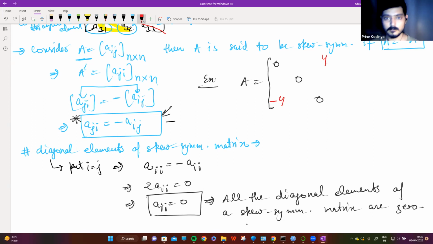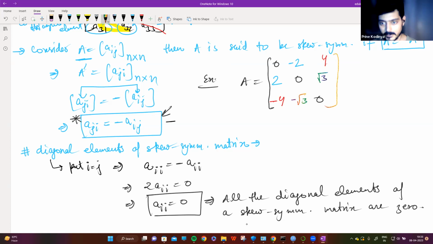So for these two, I'm taking this 2, or I'm taking this -2. So this has to be 2. And here I'm taking √3. So this has to be -√3.